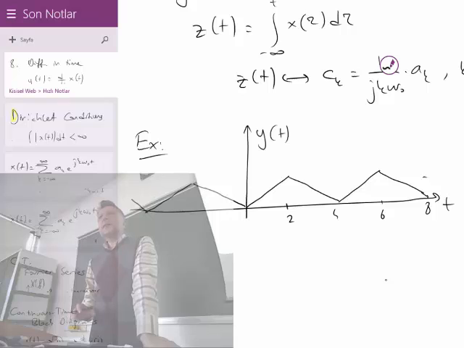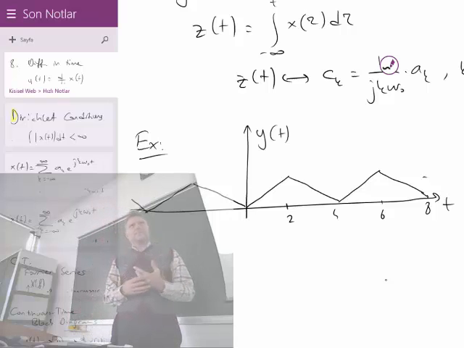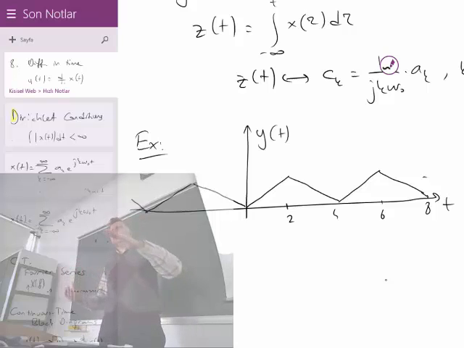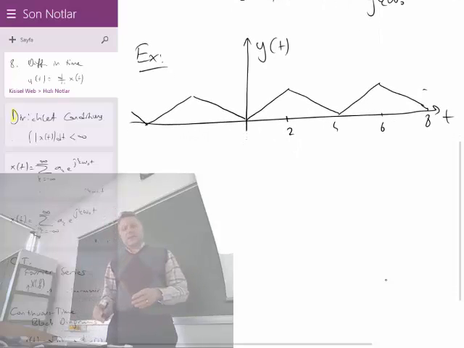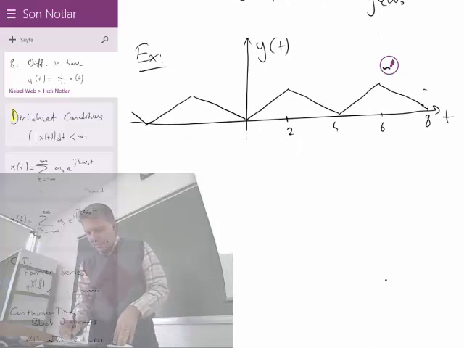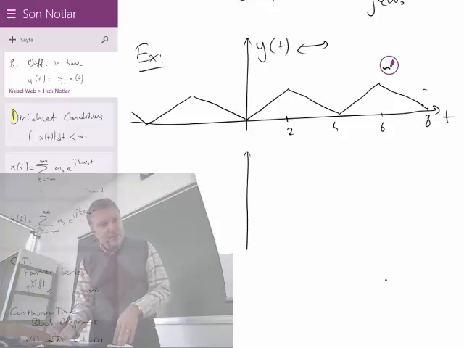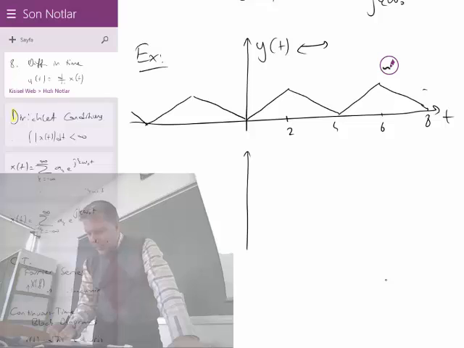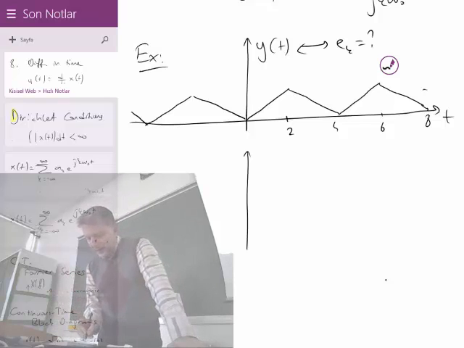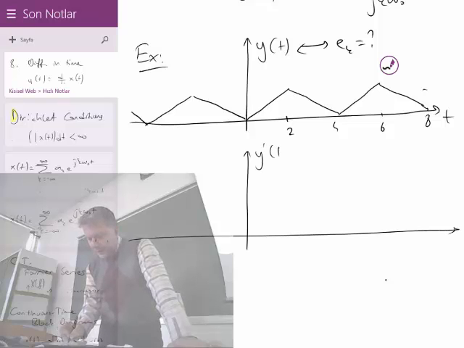Now the question is this: can you think of the derivative of this thing, which would correspond to the integral of the other one? What is the derivative of y of t? Of course, we need to find the Fourier series coefficients. Let's say the e_k are what? That is the question. Now let's take a look at the derivative of y. Let's call it y prime of t. What is that?